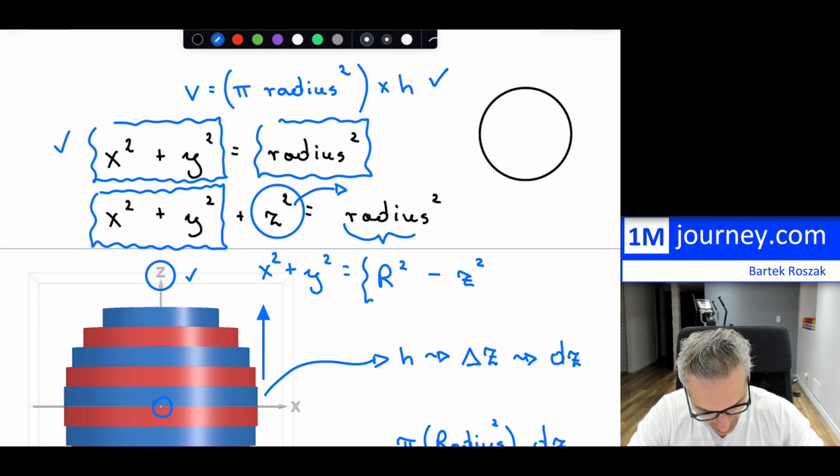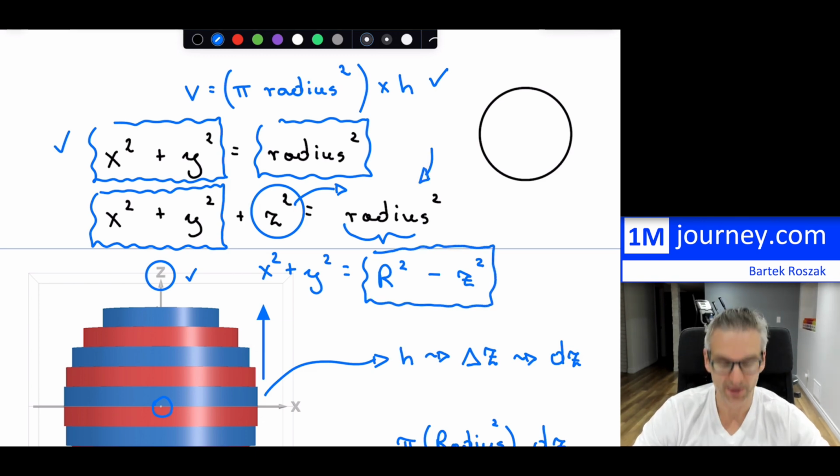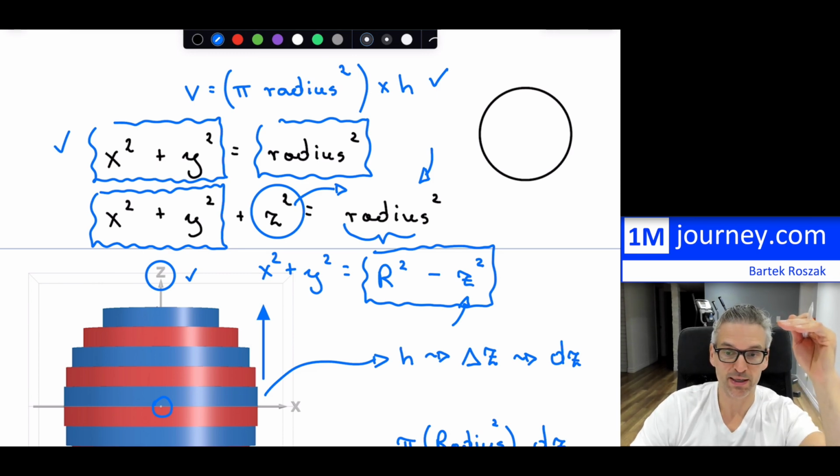So really, all of this is just simply the radius squared that we have, and it changes depending on the z that we're moving along. Well, if we're at the bottom, then z is just 0, and then the radius is r. But if we move up a little bit, in this case by some height, some delta z, then it's going to change. It's going to be reduced.